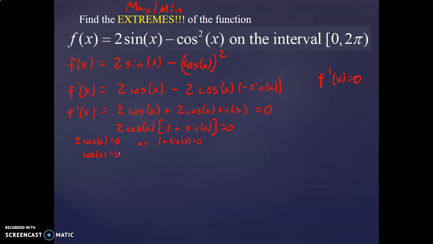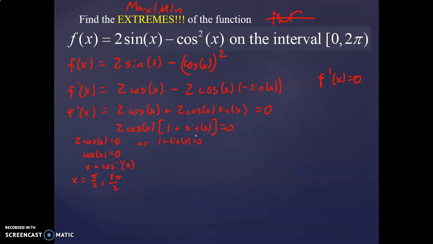So cosine of x equals 0, x equals cosine inverse of 0. A lot of times I just like to draw a cosine function to remind myself. So pi over 2 and 3 pi over 2 are the 2 values on this interval where cosine is going to be 0.